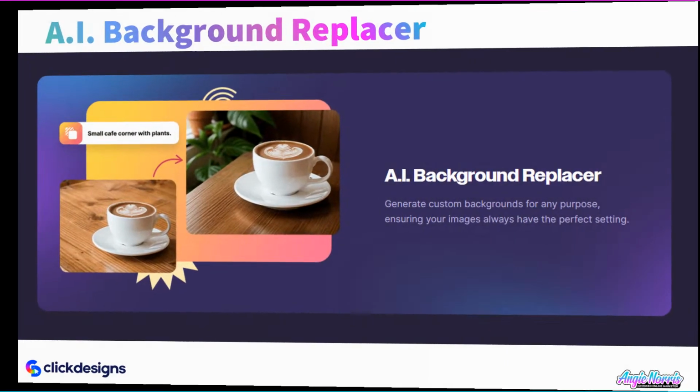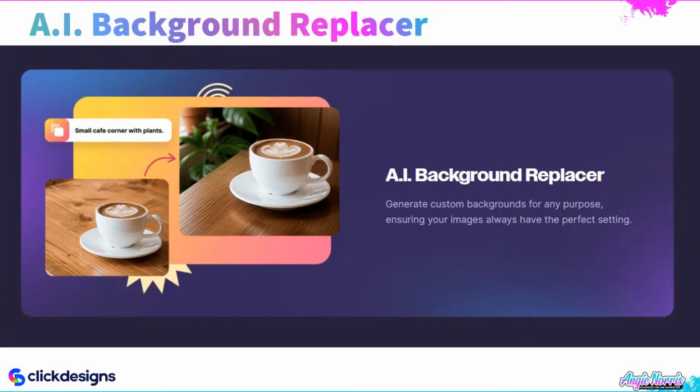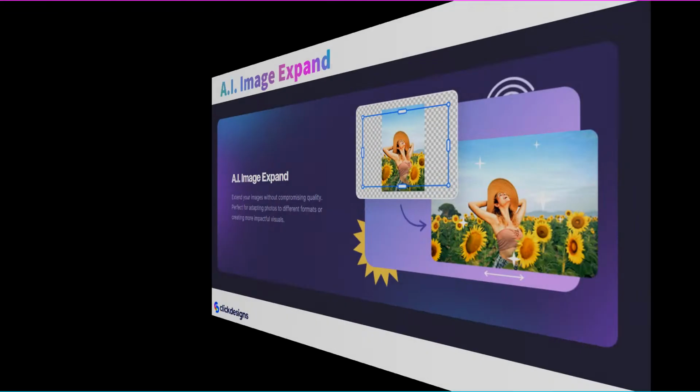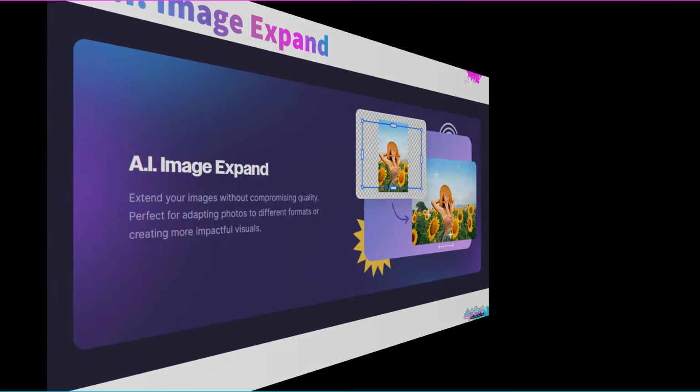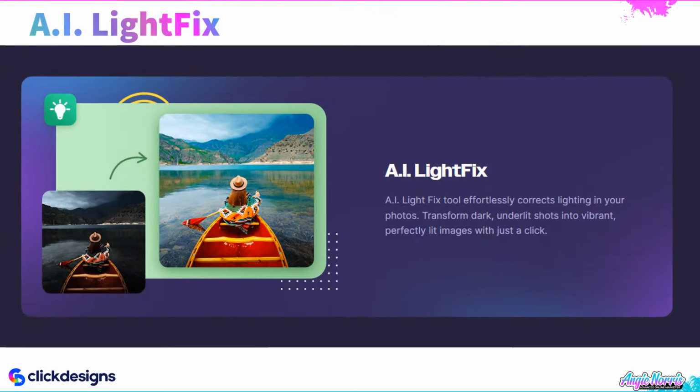The AI background replacer is fun if you want to switch out the background. The AI image expand, so maybe you have a very narrow image and you want it to be more landscape. This one is a great one. AI light fix, so you have a dark image, right? Like it's just not the light you want. Boom, there it is, right?